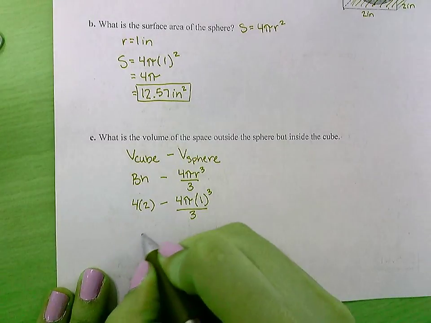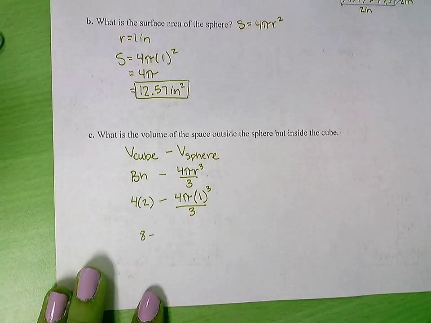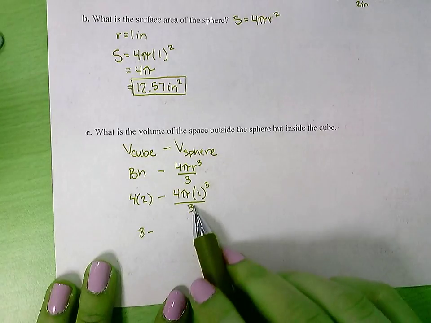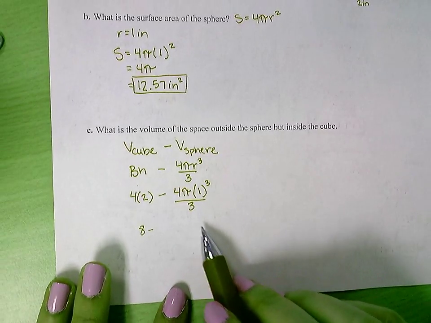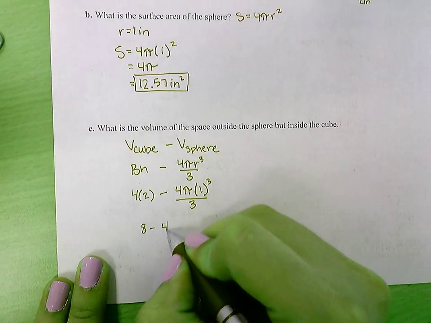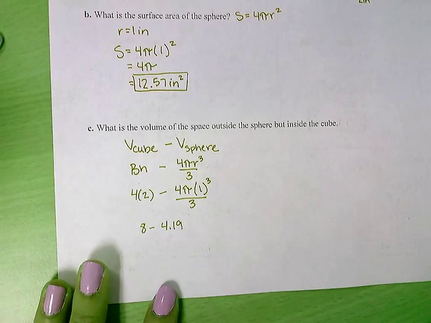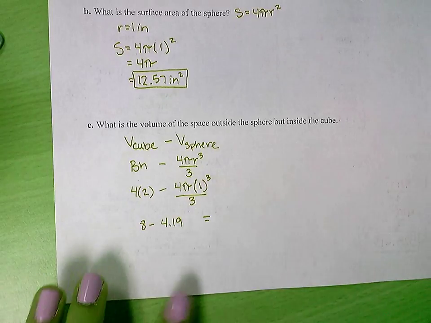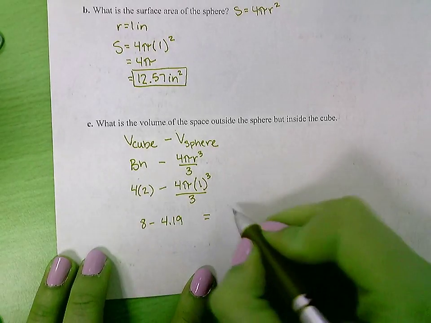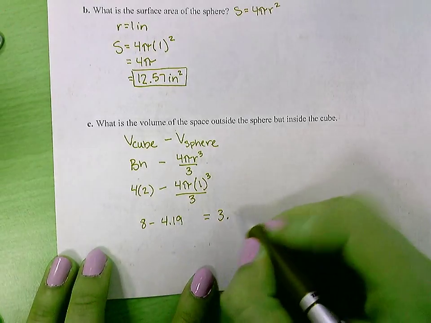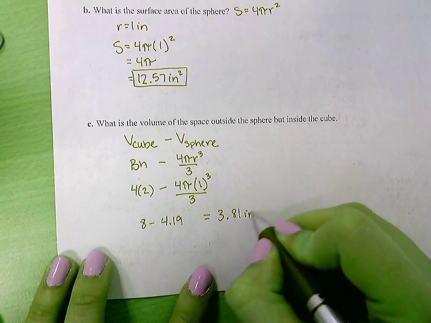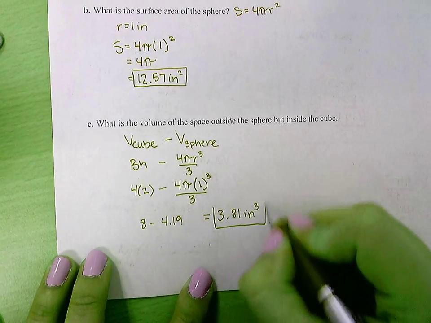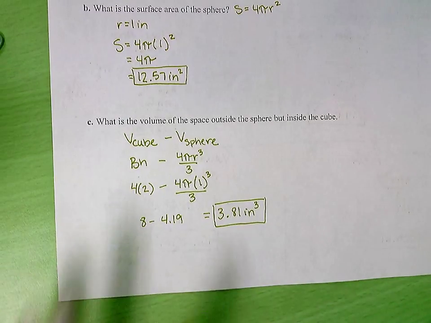Once I plug this into my calculator, I get about 4.19. After I subtract, I get about 3.81 inches cubed in that space.